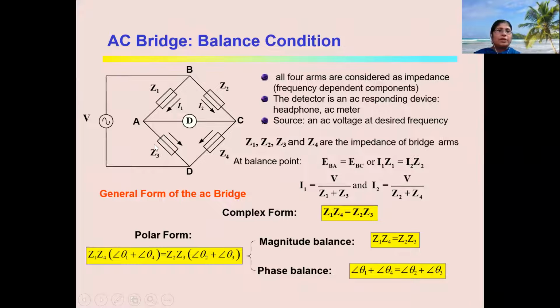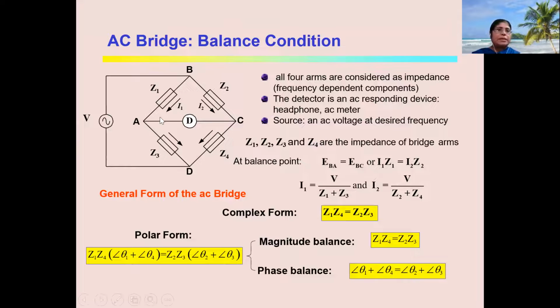Between the points B and D, the AC supply is connected, and between A and C, the detector or the galvanometer is connected. If I say the bridge is in balance condition, it means the voltage drop across the detector is 0. It means the current will not be flowing through the detector. If this is so, then the bridge is in balance condition.